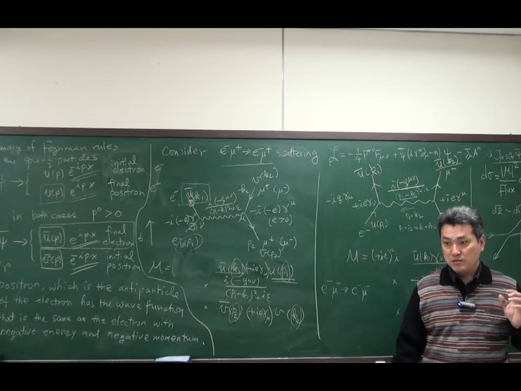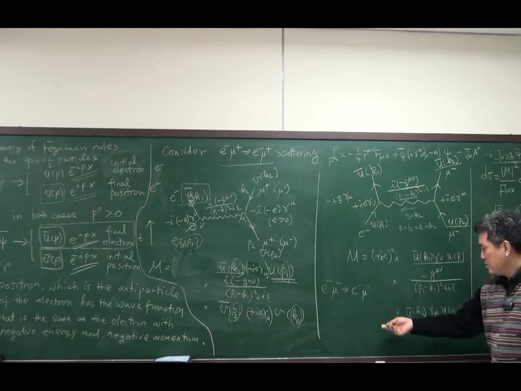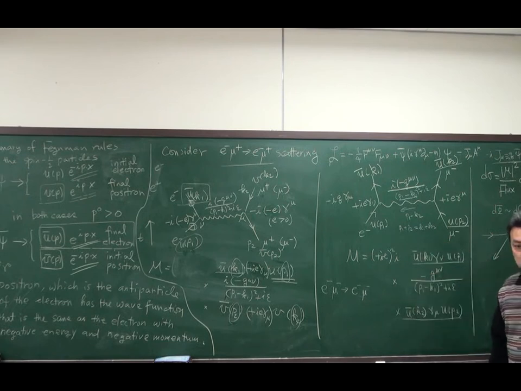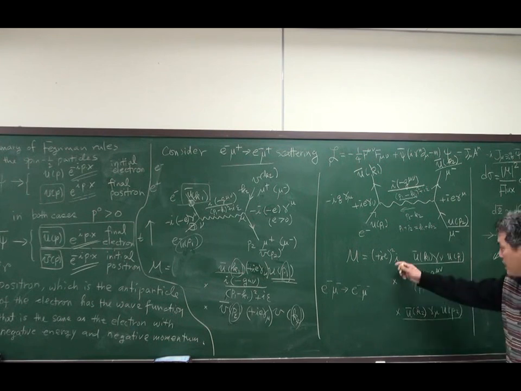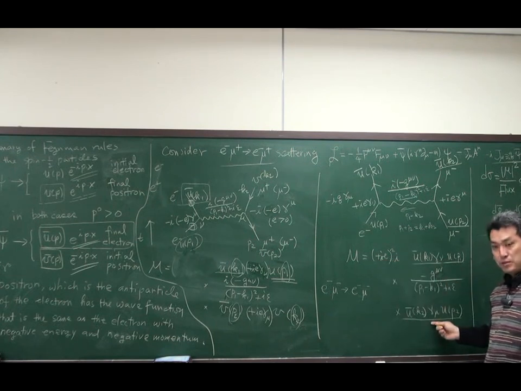So I don't calculate it again. Everything is just a momentum space expression. Okay? The i comes from this propagator, plus i epsilon. Each plus i comes from these vertices.